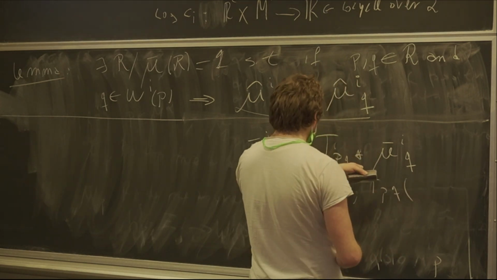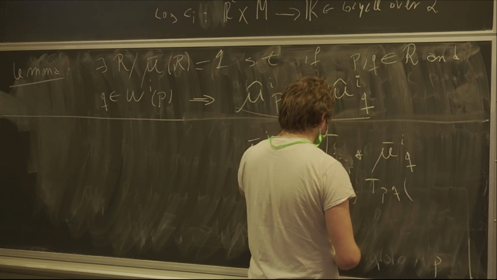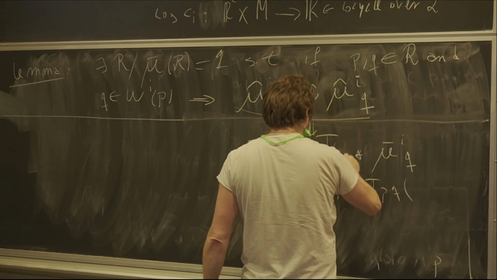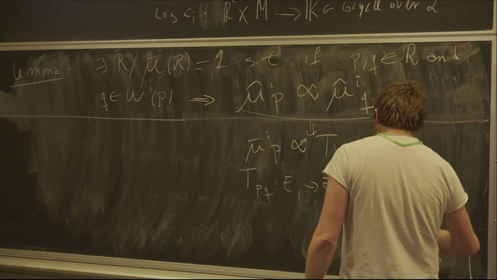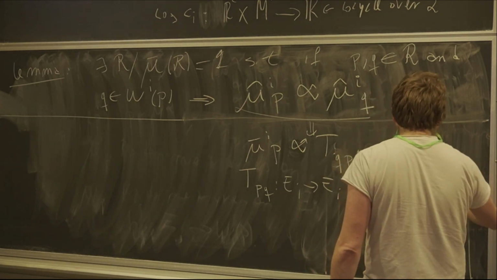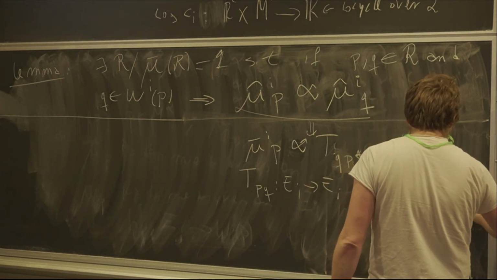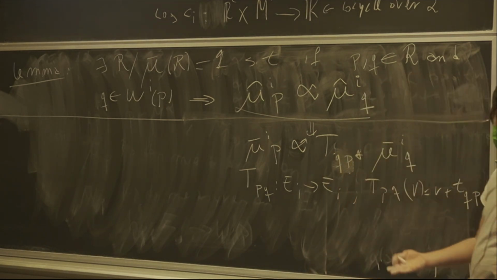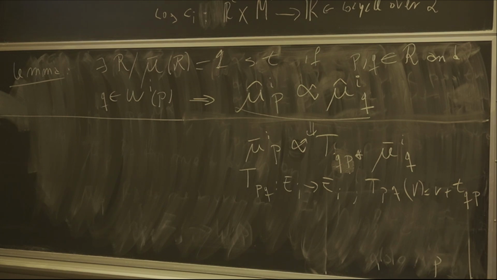I guess if I'm putting it here, I should put QP. T_QP of B is B plus some T_QP, which is some translation that actually brings P to Q when you go to the corresponding coordinates.